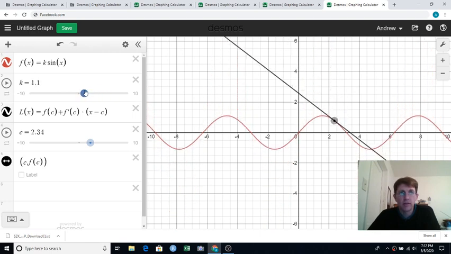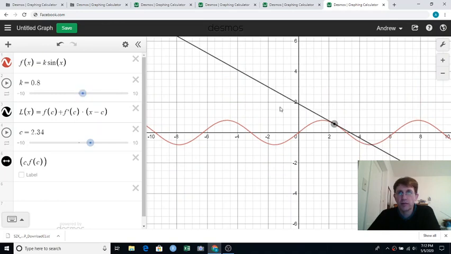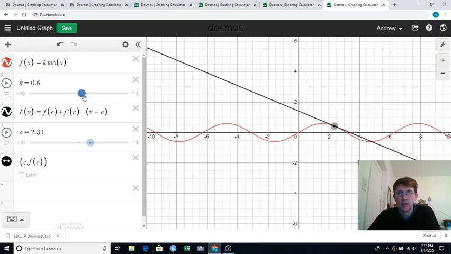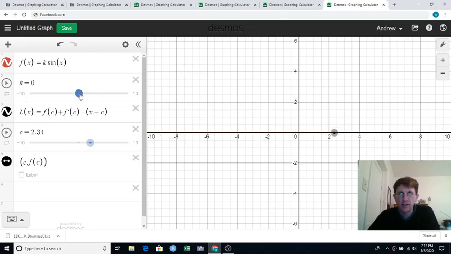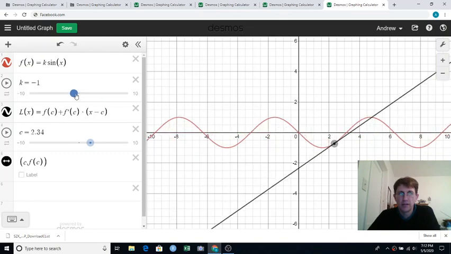Well, if I use a k value less than 1, does my tangent line get less steep? That seems to be good. And what's another good question to ask at this point? Think about it. How about negative k? So what do you think will happen if we push k into negative territory? Make a guess. Ready? Here we go. Did your guess turn out to be right?